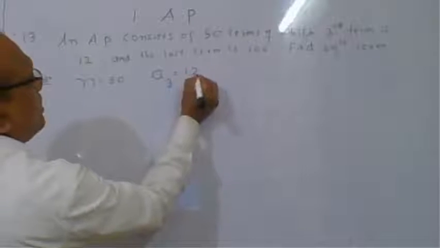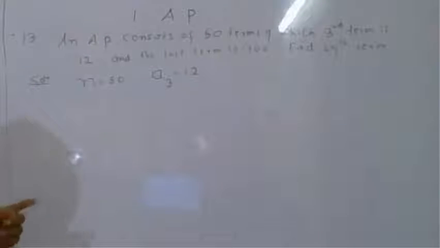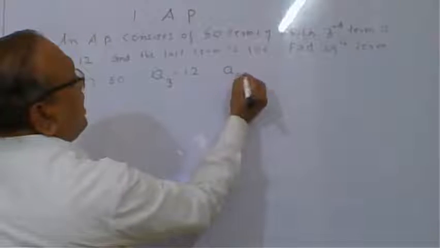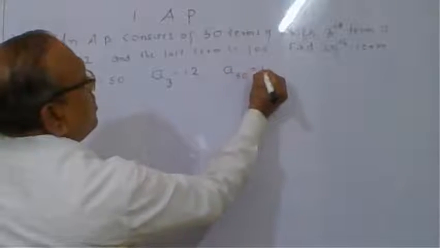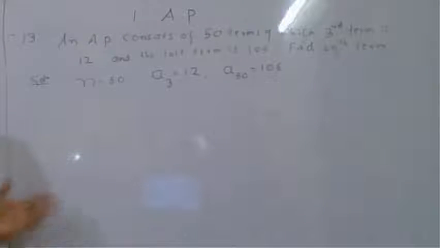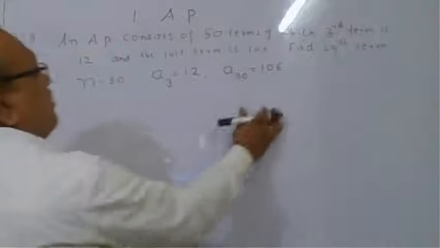And the last term is 106. Means the last term is a50 is equal to 106. Any doubts? Solve along with me.